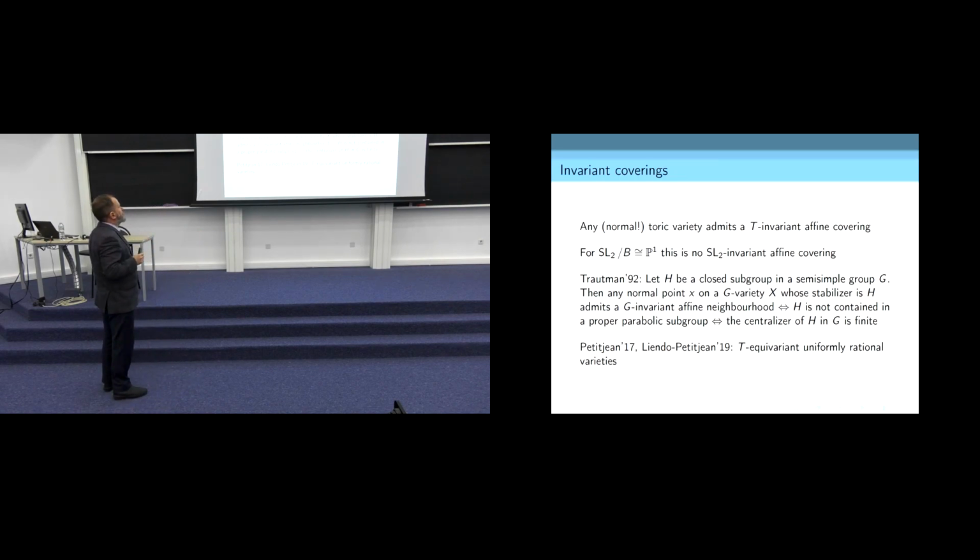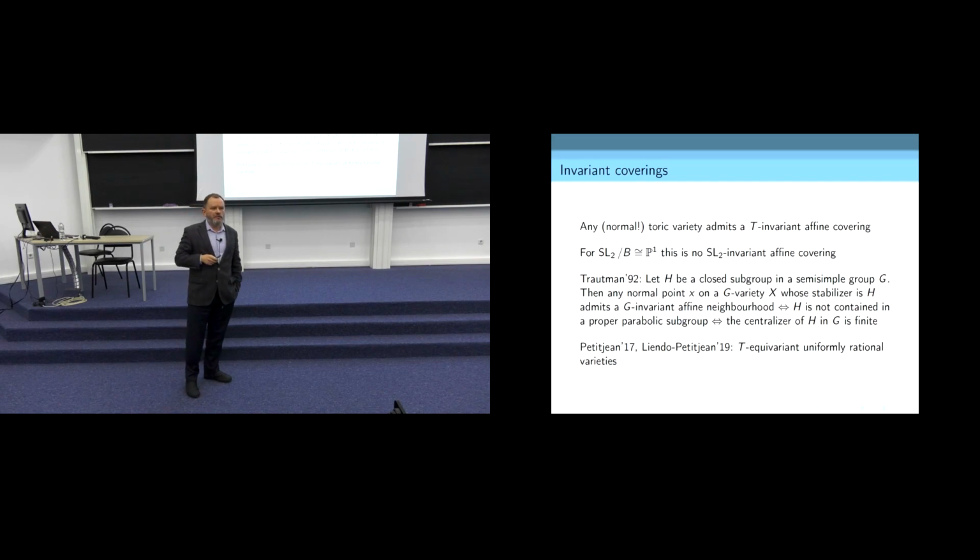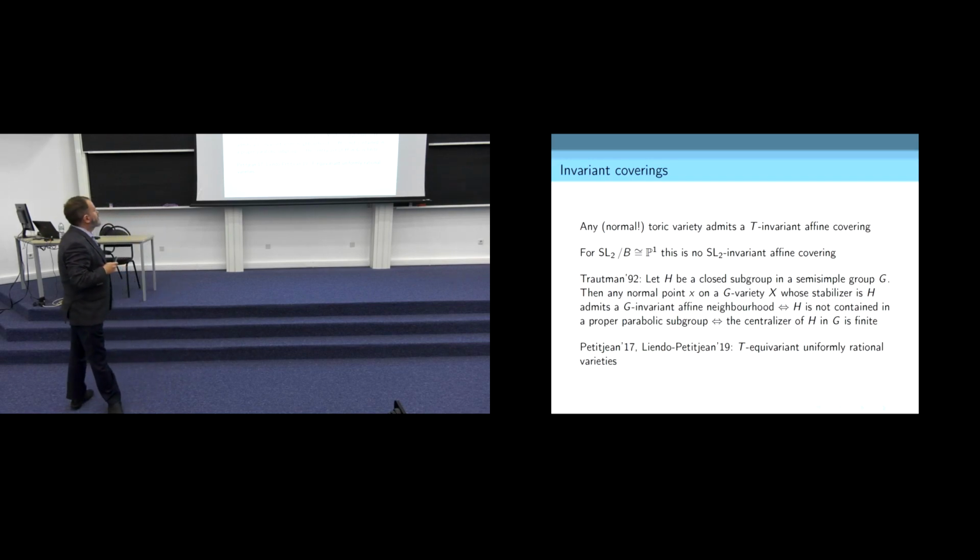You take a semi-simple group G, you take a closed subgroup H, you consider the homogeneous space G/H, or in other words, you consider points whose stabilizer is this H. Then such orbits in any normal G-variety have an open G-invariant affine neighborhood if and only if this H is not contained in a proper parabolic subgroup. And this is equivalent to the condition that the centralizer of H in G is finite. And this condition, not contained in a proper parabolic subgroup, also appeared in the previous talk, if you remember. So these are a quite natural class of subgroups.